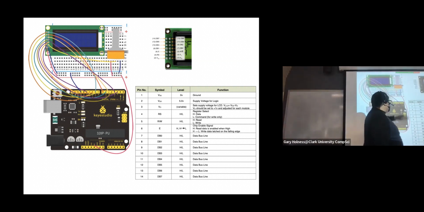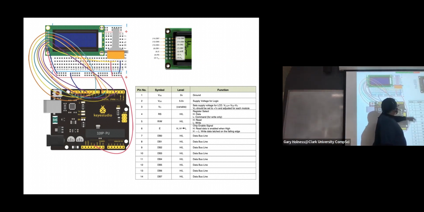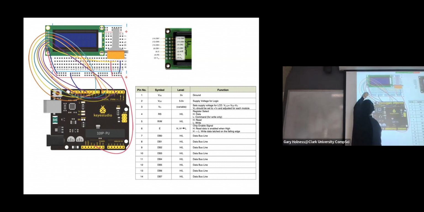And I'm kind of belaboring this on purpose to give you an example of actually following some of these things. And so here we have register select. That's pin 4 for the device. So that's the purple, 1, 2, 3, 4. And that purple we see is being fed by pin 12. And then we have the read write, the operation selector, pin 5.